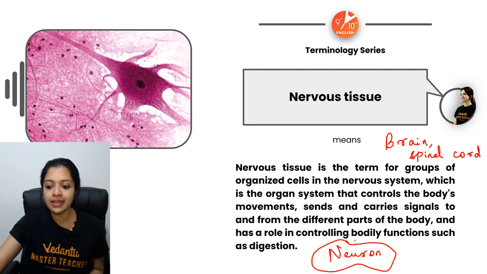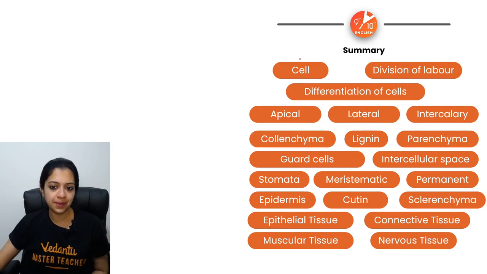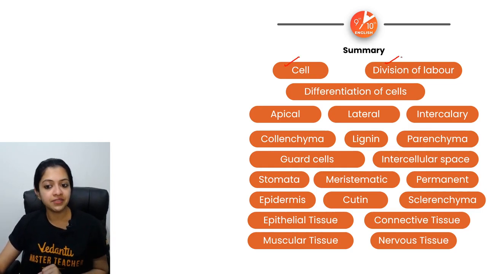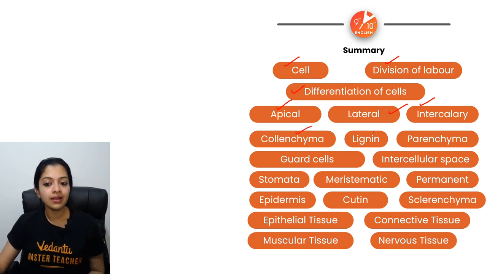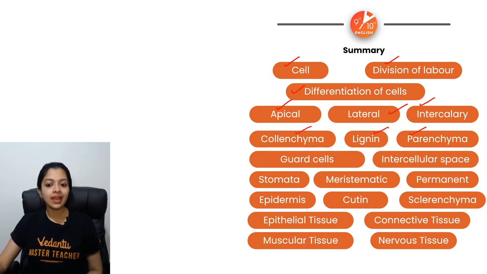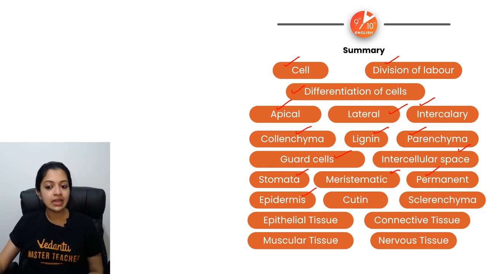Right, students? So many terms. What are they? These are the terms that we've looked at today. Cell, division of labor, differentiation of cells, apical meristem basically, lateral and intercalary meristem, collenchyma, lignin, parenchyma, guard cells, remember those bean-shaped cells, intercellular spaces, stomata, meristematic tissues, permanent tissues, epidermis, cutin makes up the cuticle, right?